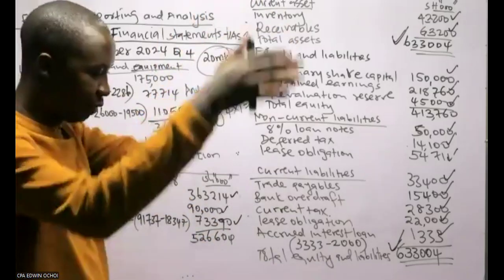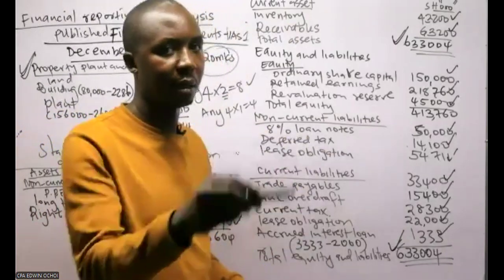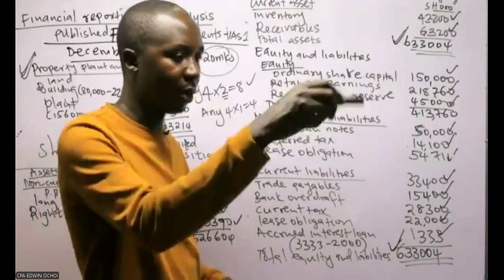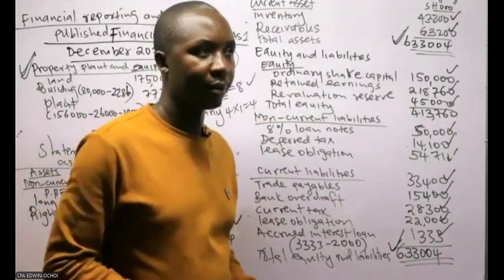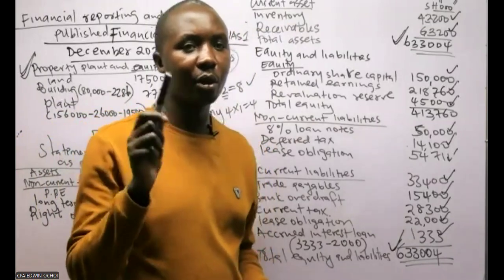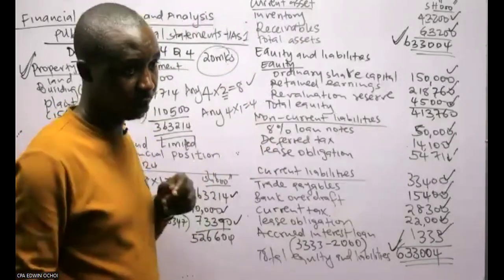You have come and you have given me the statement of financial position. I will mark. Statement of changes in equity, I will mark. Statement of profit or loss, I will mark. That is why sometimes when time is not on your side, remember this one can be done in less than 15 minutes.